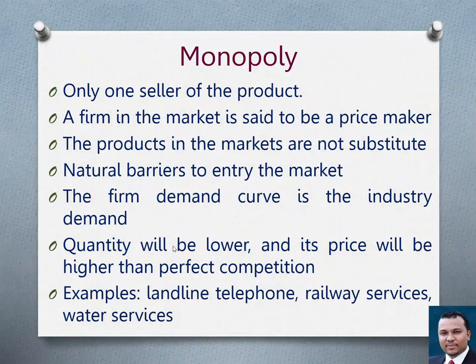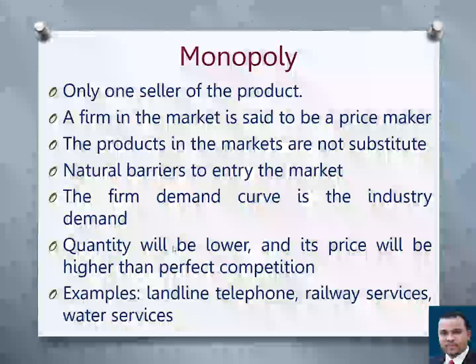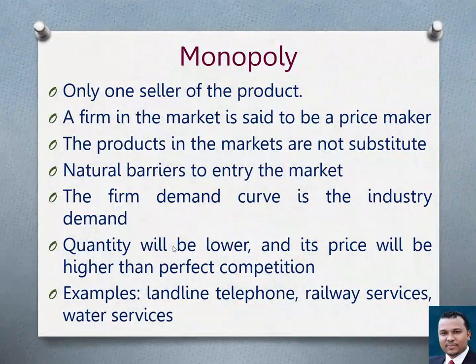For example, if in perfect competition the market produces 1,000 units, sure, in monopoly the production is lower than 1,000 units. What about the price? If the price in perfect competition equals 100, for example, the price in case of monopoly is sure greater than 100.